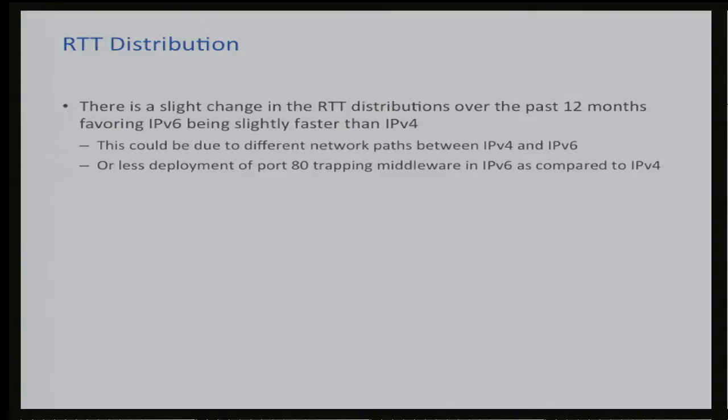And I suspect you deploy a lot of software that is keenly interested in SYNs, in TCP, in V4. And you pick it up and look at it and then drop it back on the wire. And my suspicion is you're not doing that in 6. So part of this might well be a middleware issue, that there's a lot more active middleware on port 80 in V4 than V6. There also could be issues in the forwarding plane, but I'm really not sure how that affects things. And that is an area of much further work and much further research.